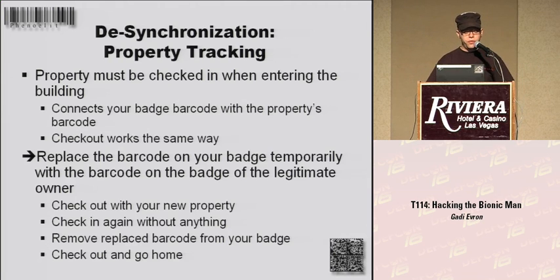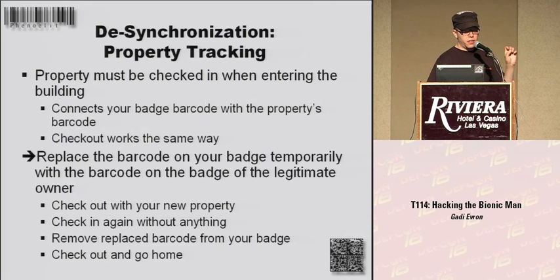So what you do is you replace the barcode on your badge, just the barcode, not the number, temporarily with the barcode on the badge of the legitimate owner. Now, how do you know the value? Well, it's printed below, so you can just generate the barcode. You don't need any magic.